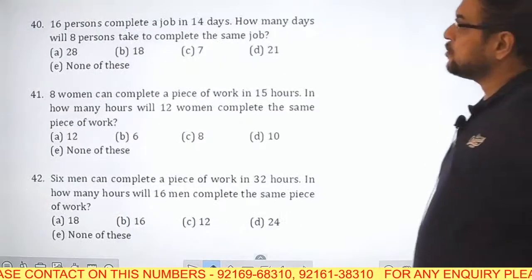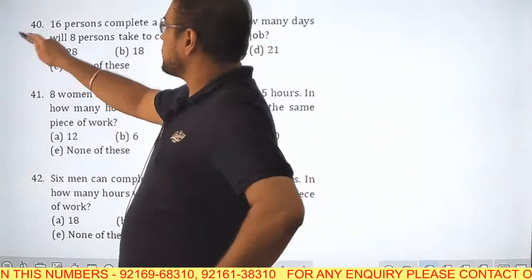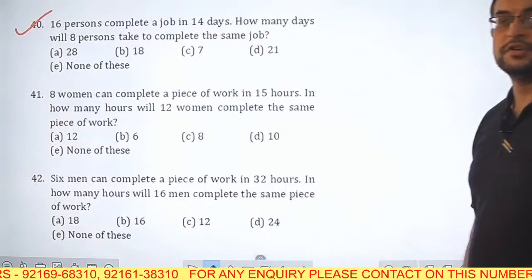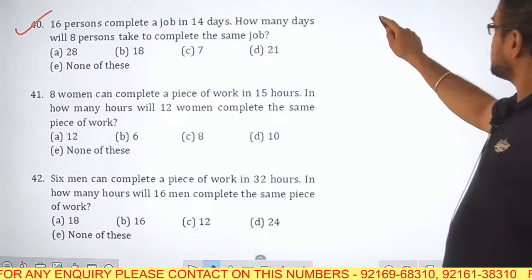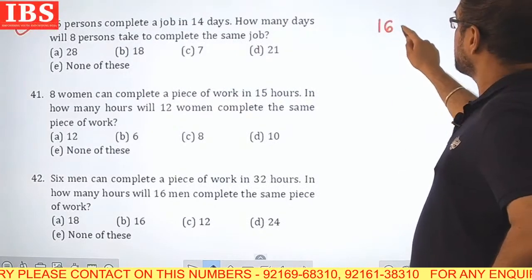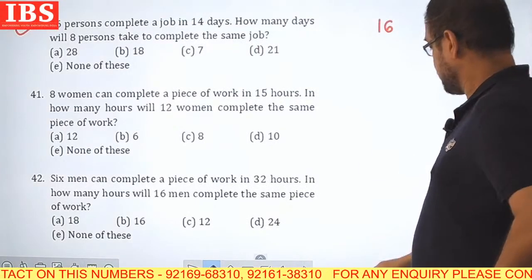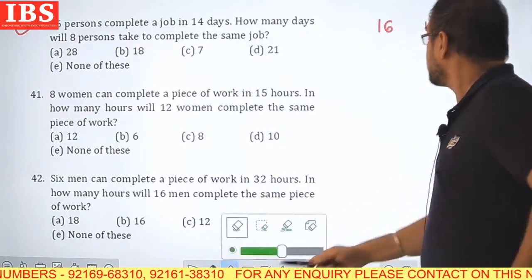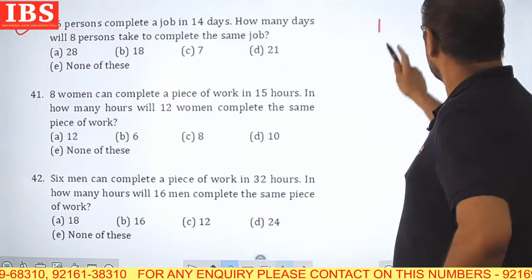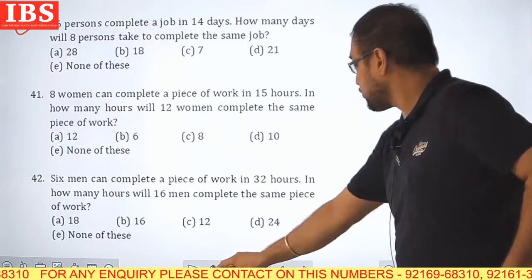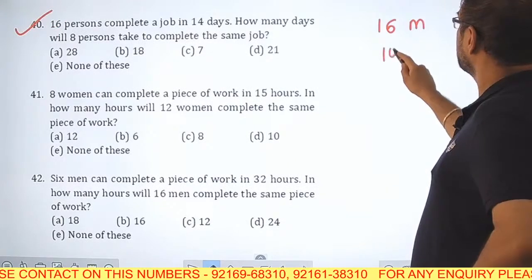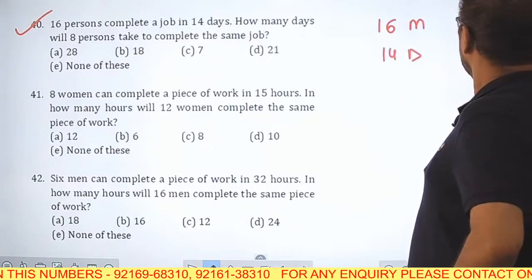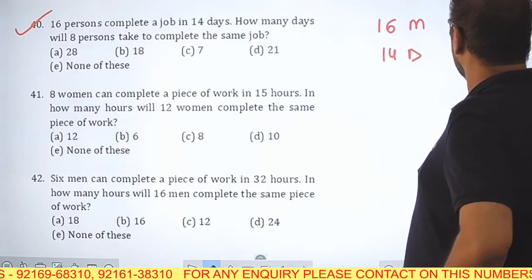Let's solve the first question from assignment book, that is 40th question, 16 persons. Okay, let us solve this question now. 16 persons, 14 days, 8 persons, how many days?